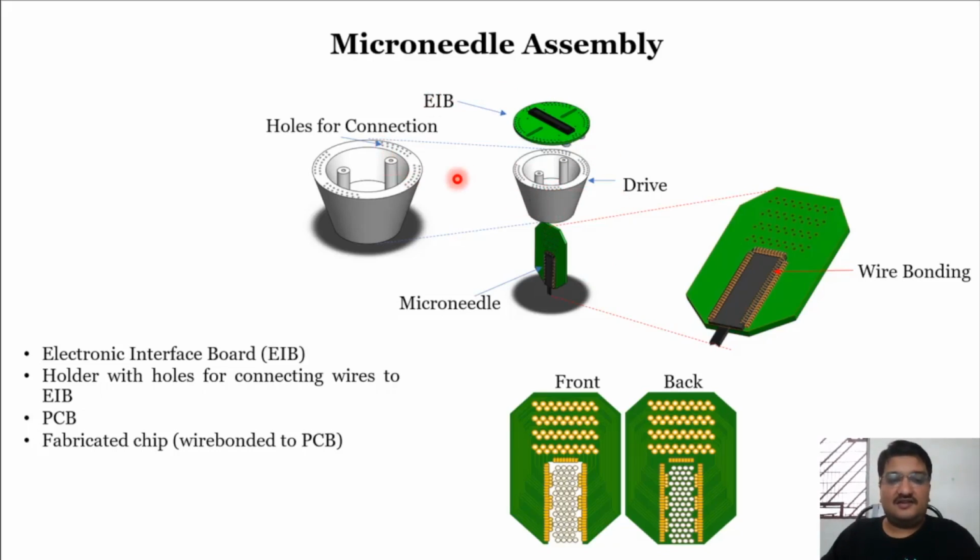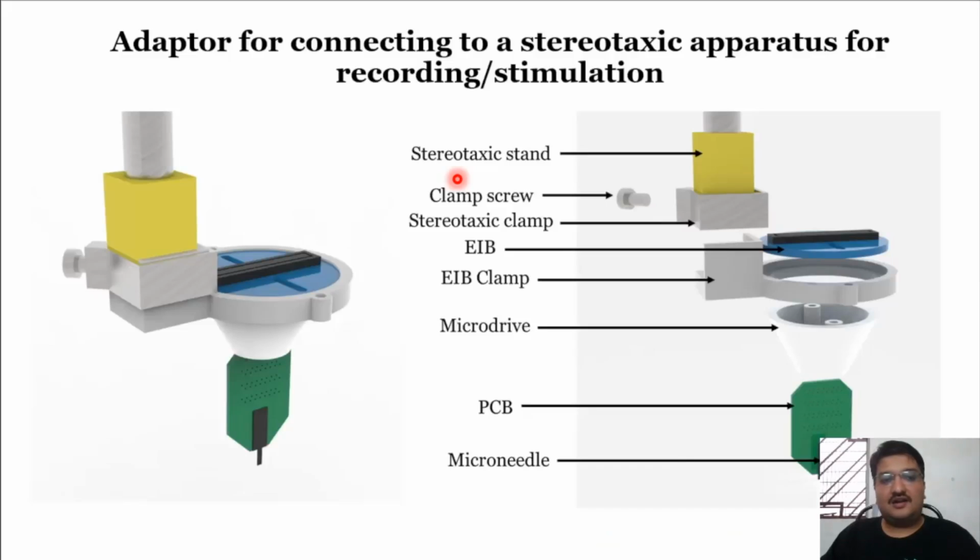And there should be a provision to precisely move your microelectrode. For that we will have a stereotaxic stand, and this is the system which is used for microneedle recording. So you have a PCB, micro drive, electronic interface board, and a stereotaxic stand.